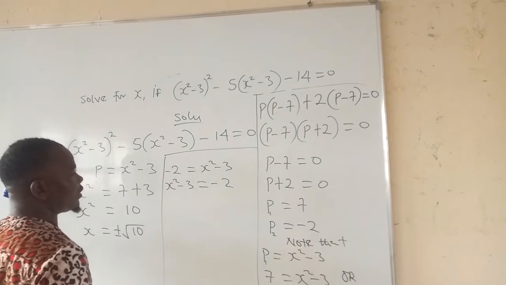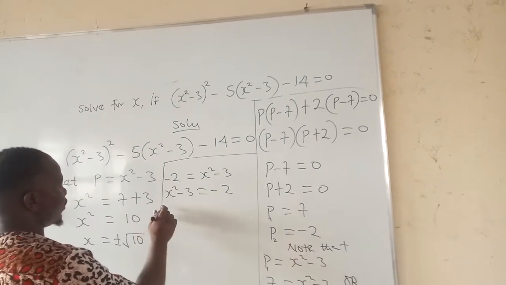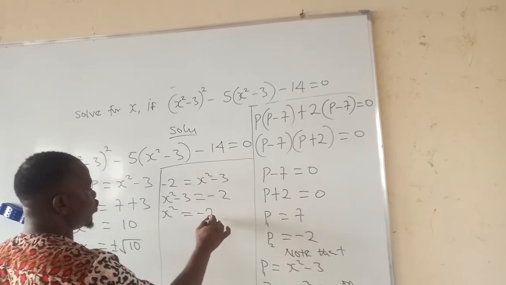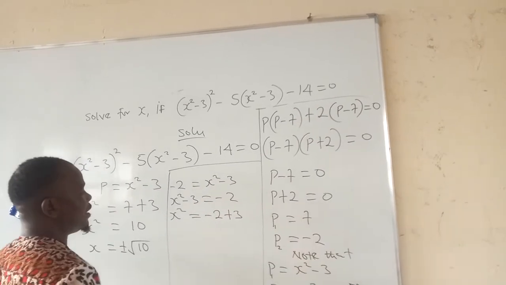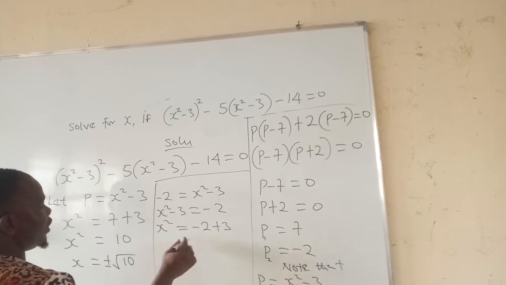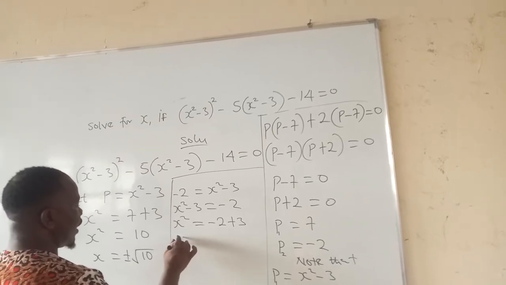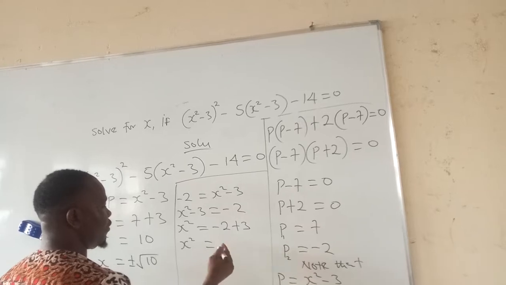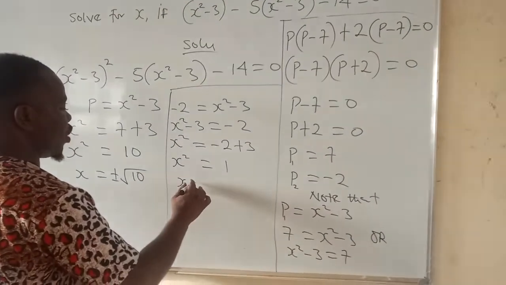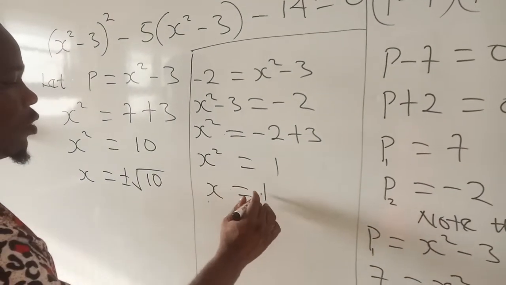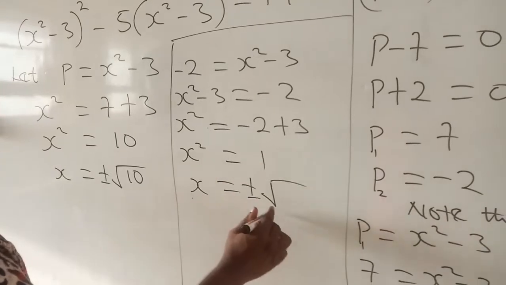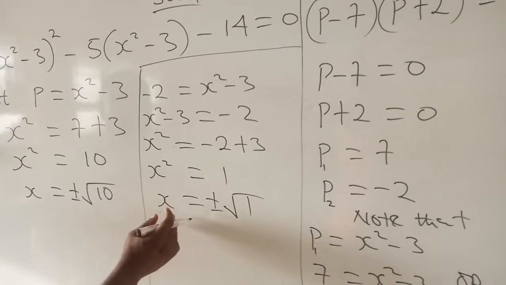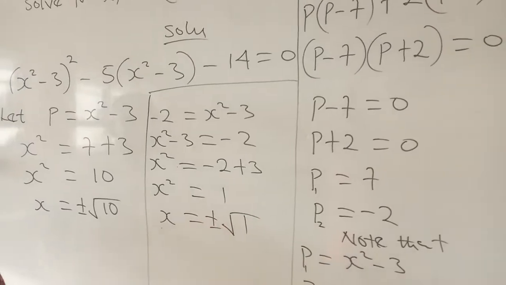We collect like terms. If we collect like terms, our x squared is equals to minus 2 plus 3. Amen. So here we are going to have x squared is equals to minus 2 plus 3 will give us 1. Then we take the square root, definitely it will be plus or minus 1.